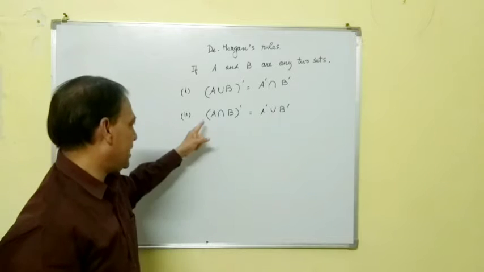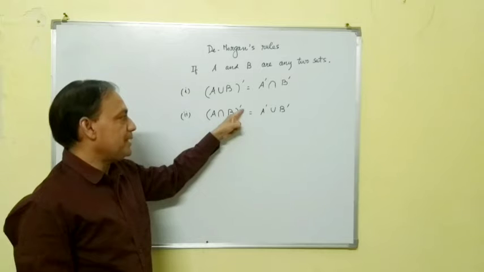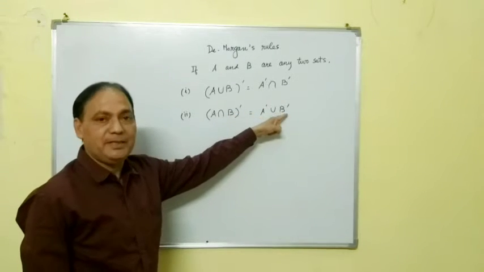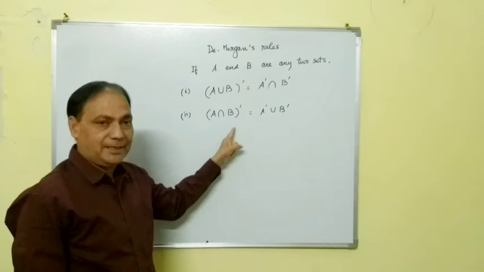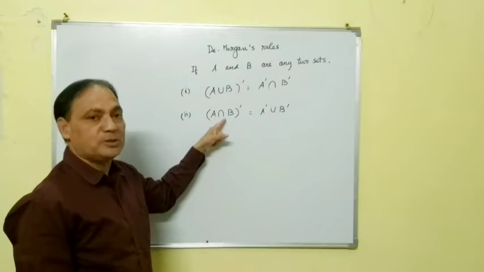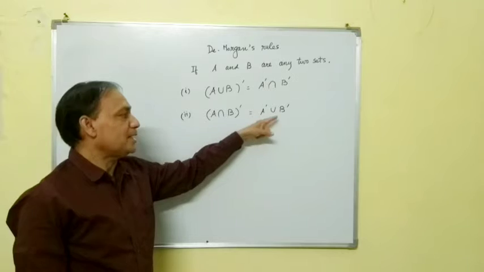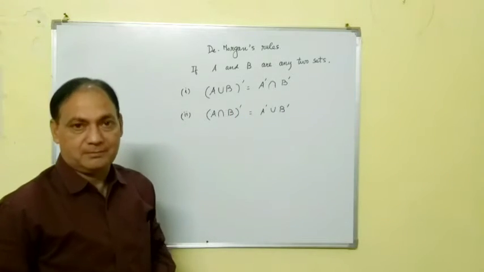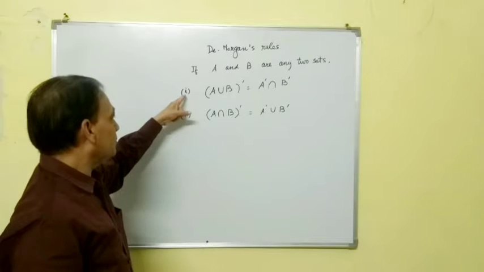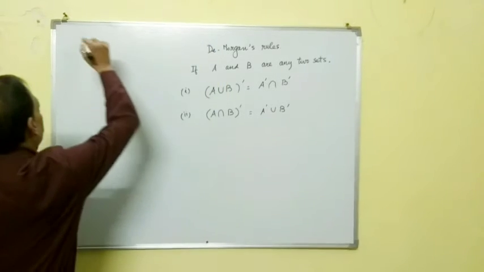Right? Second, complement of A intersection B is equal to A complement union B complement. That is, complement of intersection of the two sets is equal to the union of their complements. Right? So we prove the first rule. So write down proof.